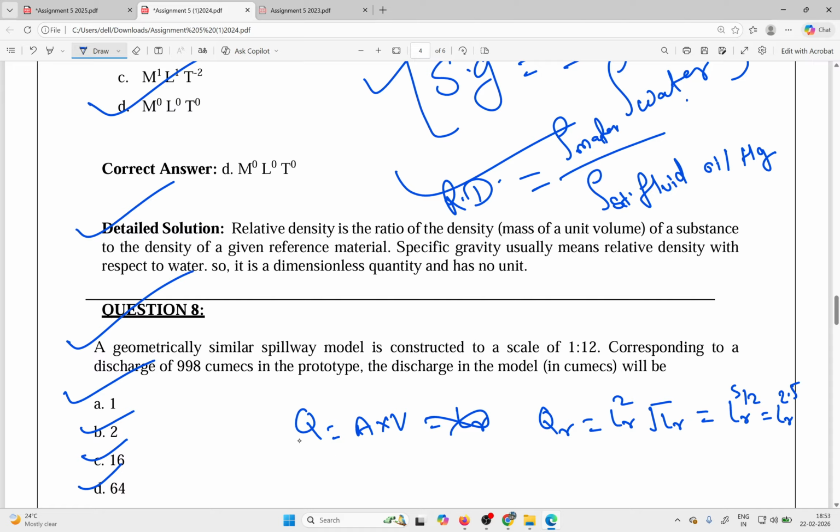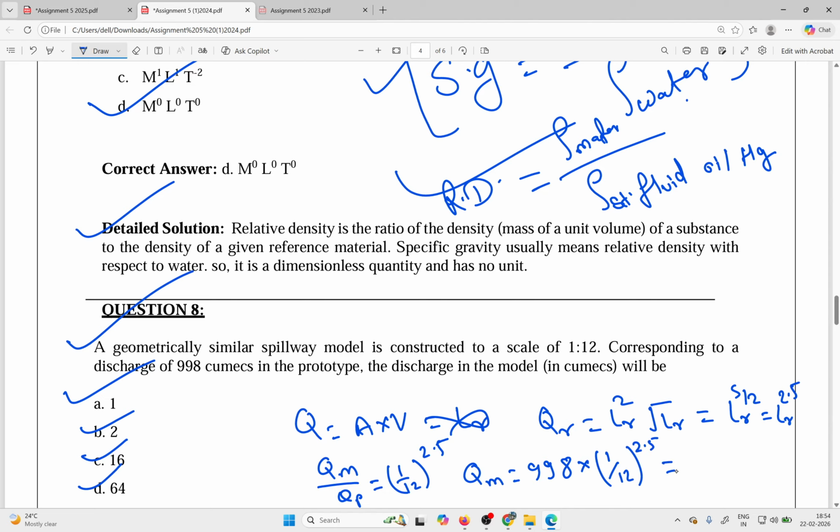So here the prototype you know is 998. So QM is equal to Q prototype into LR, which is given 1 by 12, to the power 2.5. So QM is equal to nothing but 998 into 1 by 12 to the power 2.5.